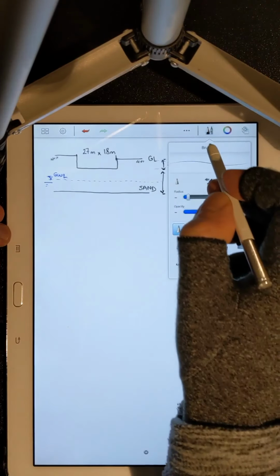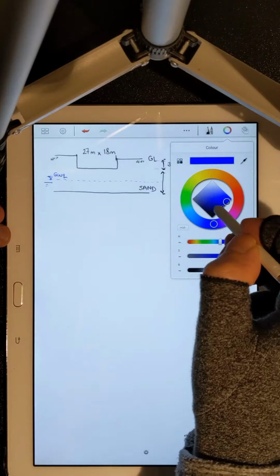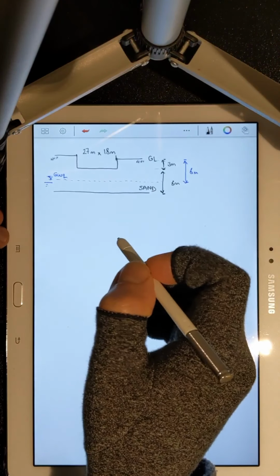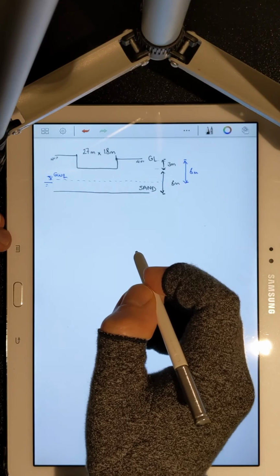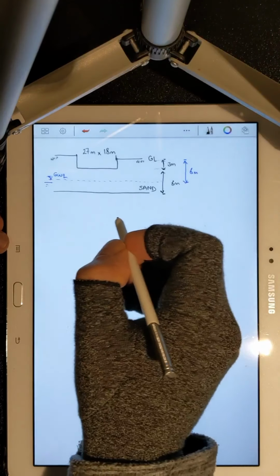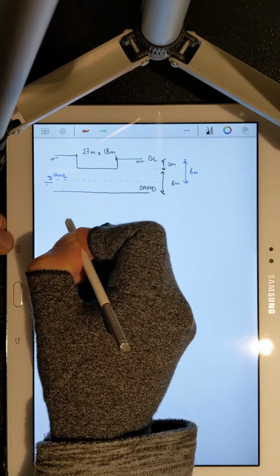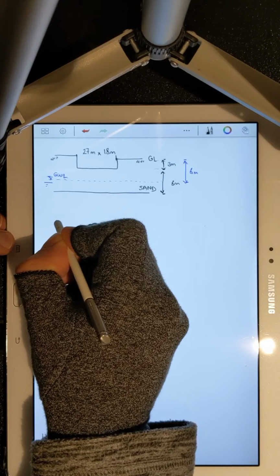Beneath the sand layer, I have a layer of clay, soft clay, about 7.5 meters thickness. Again, not to scale.